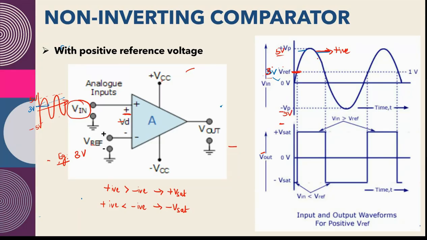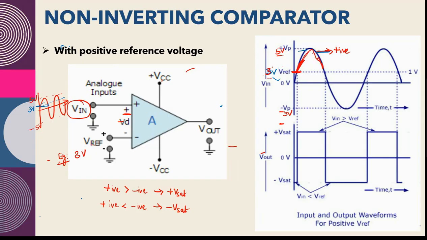So when the input voltage becomes greater than V reference, here it is 3 volt, what will be the output of the comparator? Can someone tell? Input voltage becomes greater than 3 volt, in this region.